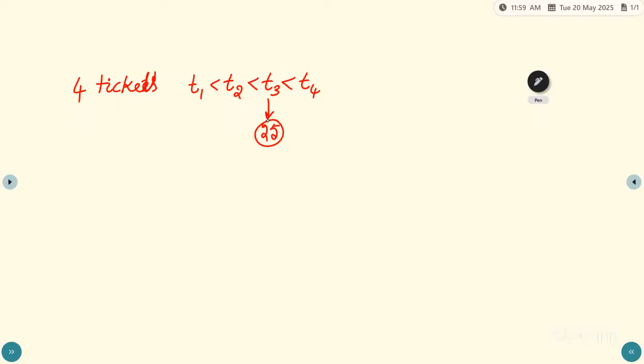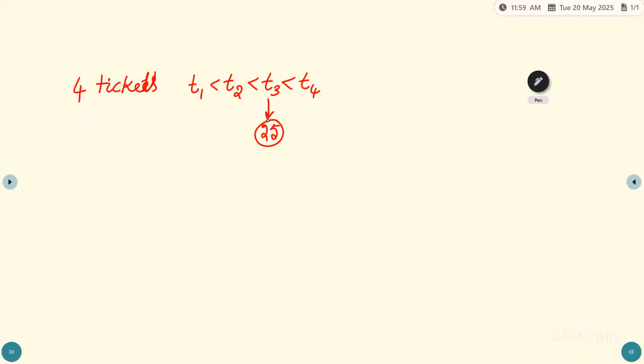Here the addition theorem is not required. Only the definition of probability is required. There is no application of the addition theorem.